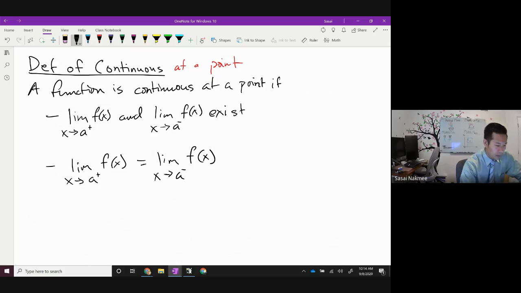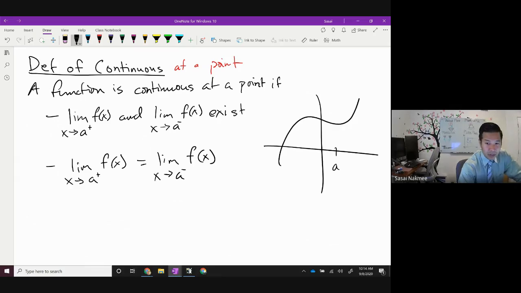So if I were looking at a function that we agreed was continuous, this guy right here, and I had some random point a, what I'm essentially talking about is if I was to approach that function from the right-hand side, it'd be coming in like this, and it'd be approaching this point right here. And if I approached it from the left-hand side, from the negative side, it's approaching it like this, and it's approaching it right there. Both those limits exist. The limit from the left-hand side and the limit from the right-hand side exists. That's the first condition, and the first condition is met.